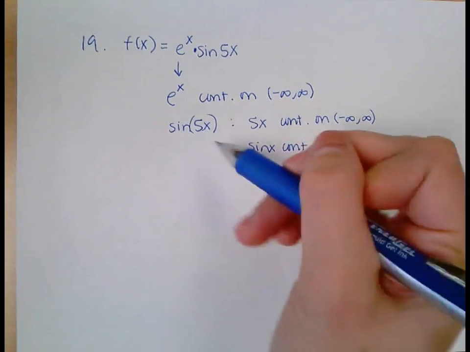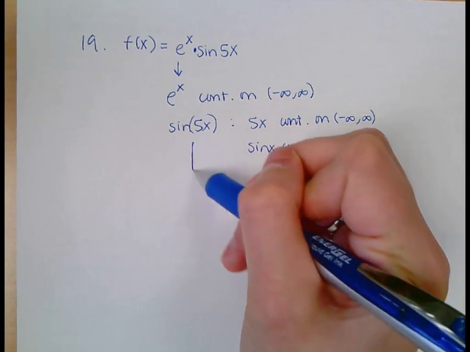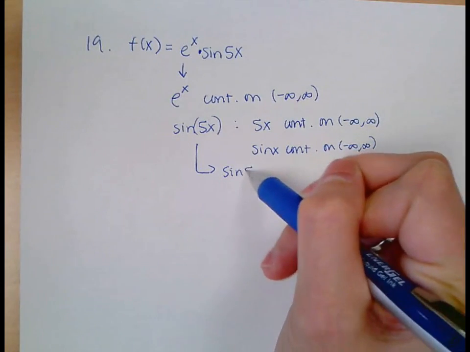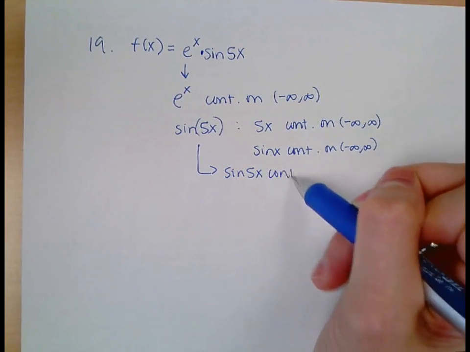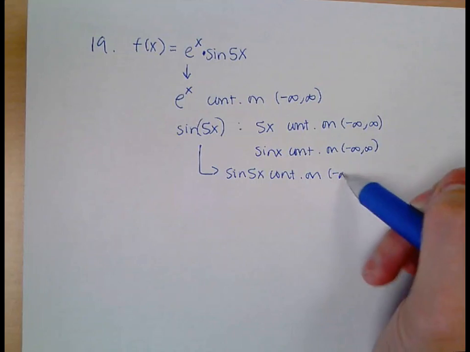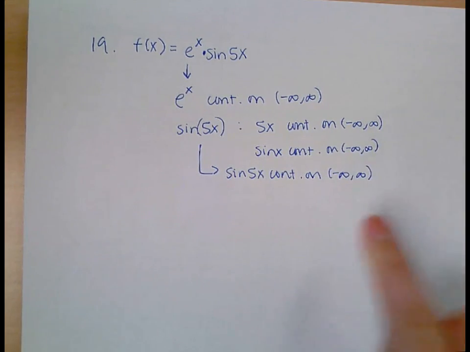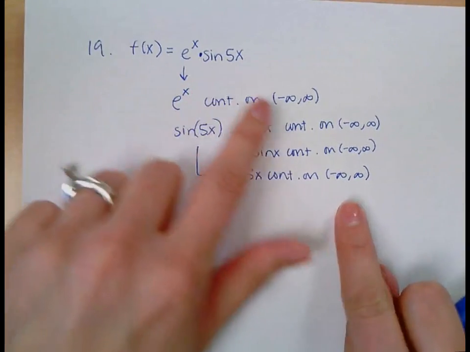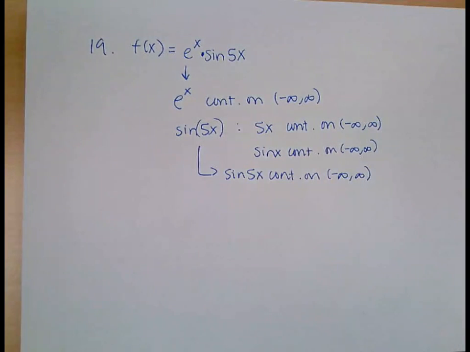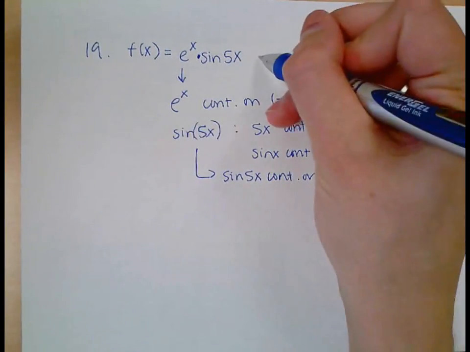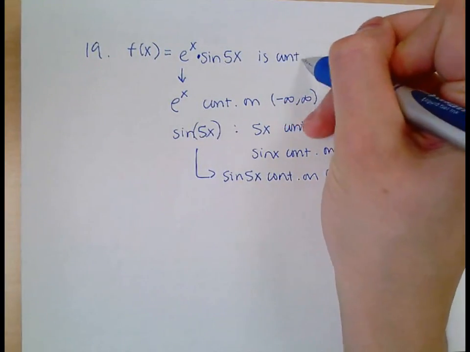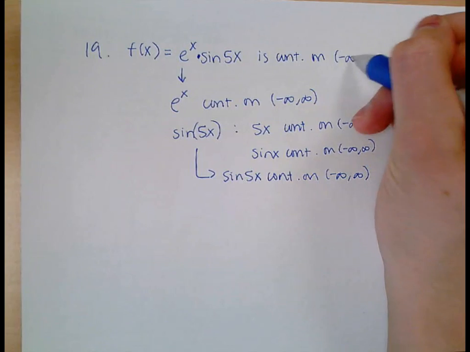So therefore, sine of 5x would be continuous on all real numbers. And then with the product of the function, you'd want to see where the two intervals of continuity overlap, and that would be all real numbers. So overall, f of x is continuous on all real numbers.